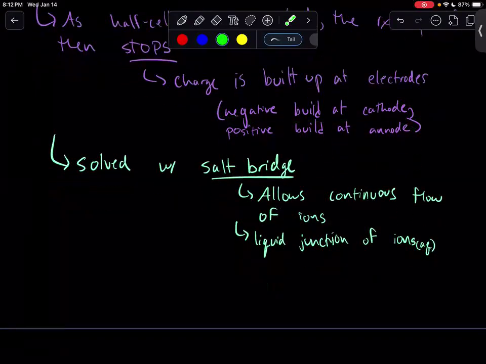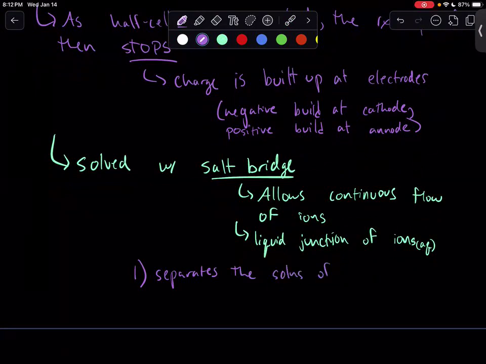So a couple key details of a salt bridge that you have to know: one, it separates the solutions of cells, so it keeps the solutions distinct. The electrolytes from the anode and the cathode half cell stay separated.